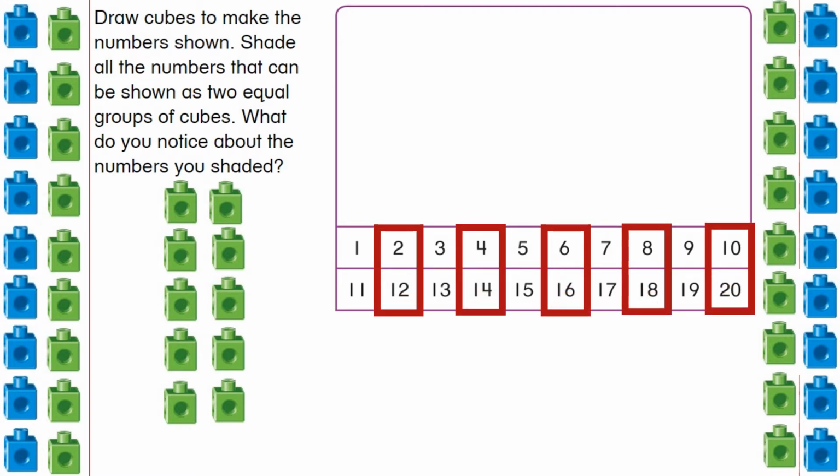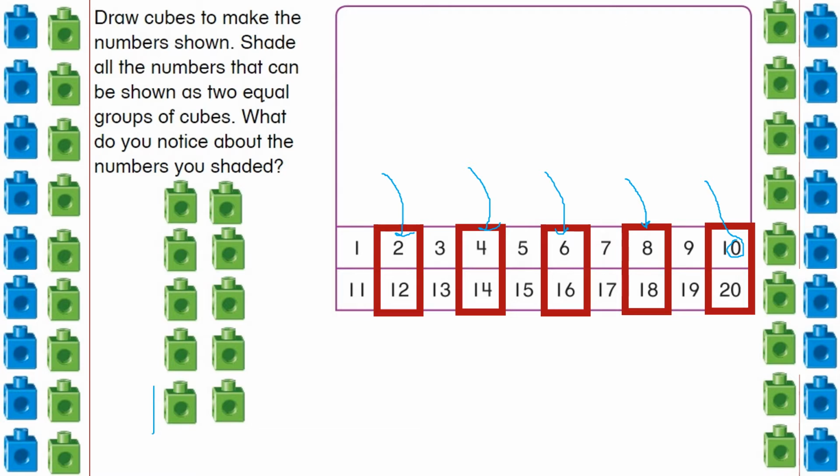It seems like every time I have a number that ends in a 2, a 4, a 6, an 8, or a 0, like in 10, that number can help me make 2 even stacks, right?